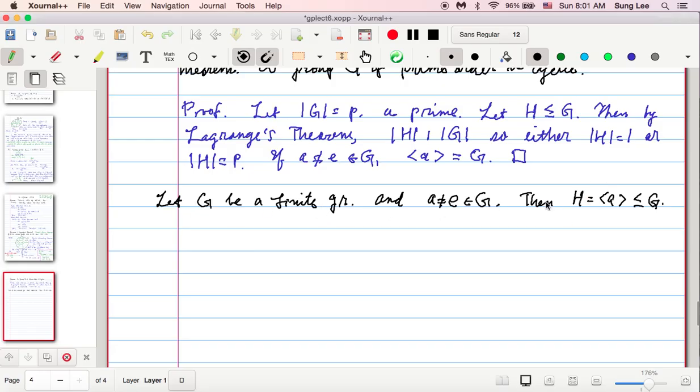So we know that a to the power m is eventually the identity, for some positive integer n.